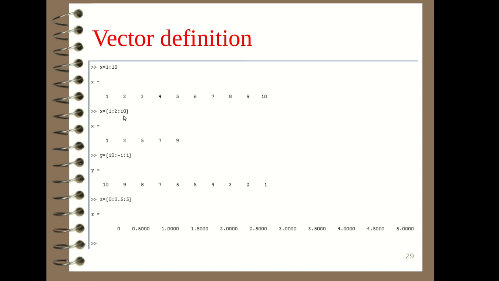If the next is higher than the limit, it stops. So 9 is okay, but 11 is not, because the highest possible value is 10. You can also go in reverse if you put -1, or go decimal, with floating numbers in between.